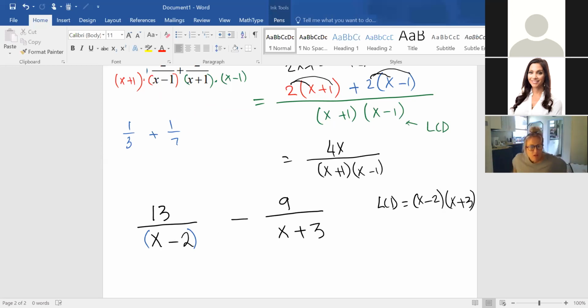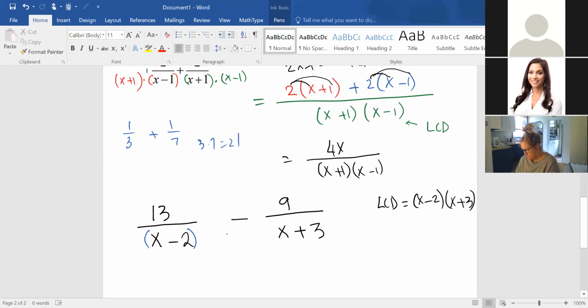How did you get 21? Because it's 3 times 7. Exactly. In that case the LCD is 21 because 3 and 7 have no common factors. When the denominators have no common factors, the LCD is just the product of them, 3 times 7, which is 21.